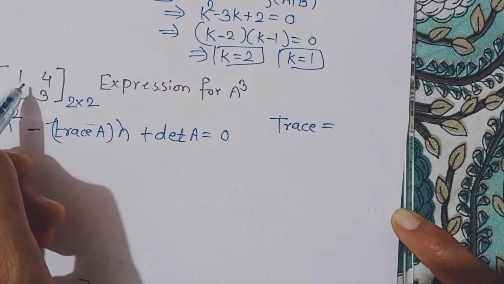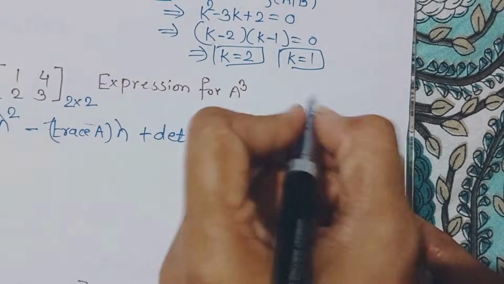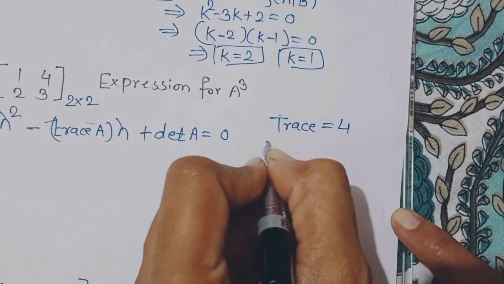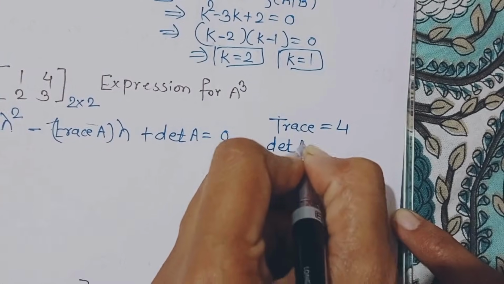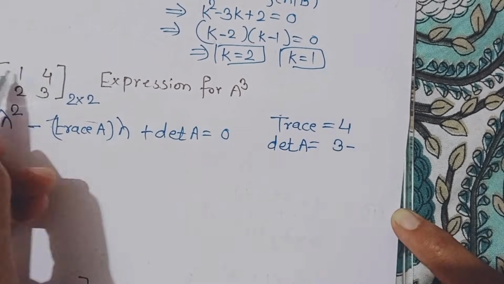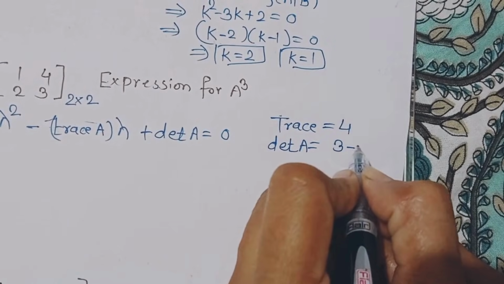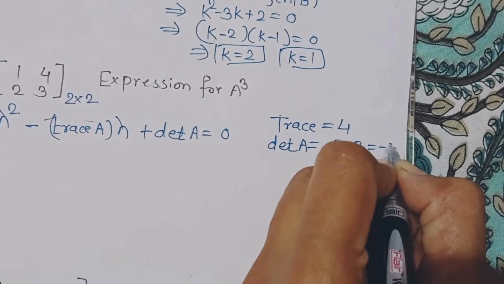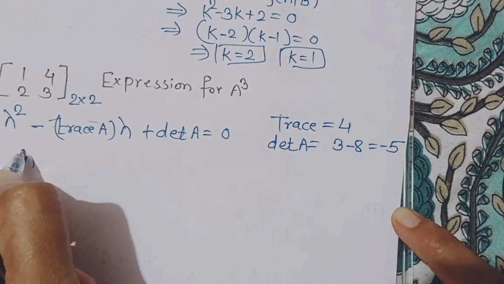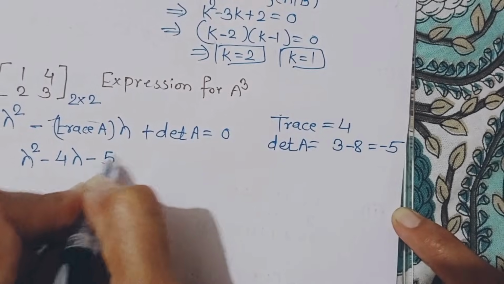The diagonal elements are 1 and 3, so the sum is 1 plus 3, that is 4. Determinant of A is the multiplication of 1 and 3, which is 3, minus 4 into 2 is 8, that is minus 5. So the characteristic polynomial is lambda square minus 4 lambda minus 5 is equal to 0.